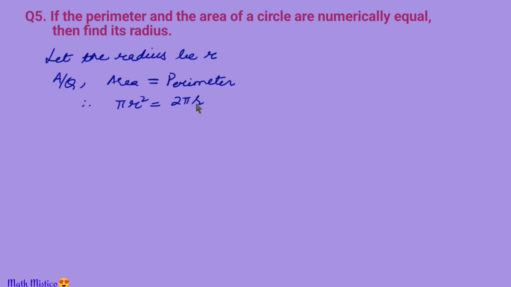As we have to find r here, we can bring all the r terms to the left hand side and take other terms to the right hand side. So r square upon r equal to 2 pi upon pi. Pi will cancel. R square upon r is equal to r. So we get r is equal to 2. As the units are not given, we can just write units here.